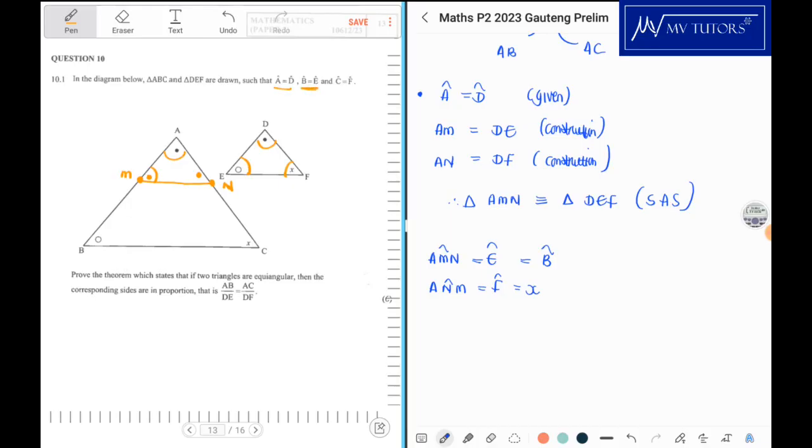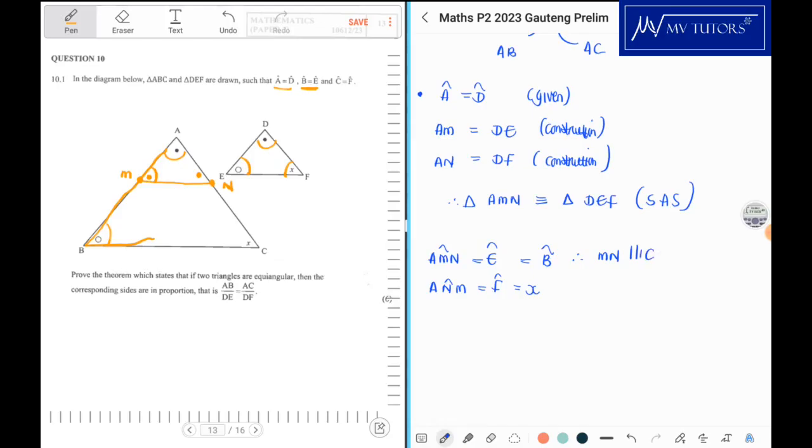All right. And if we have shown that angle M is equal to angle E, which is equal to angle B, we can then see that we actually have corresponding angles. Okay. So what we can then say, we have lines that are parallel. We can then say MN is parallel to BC.